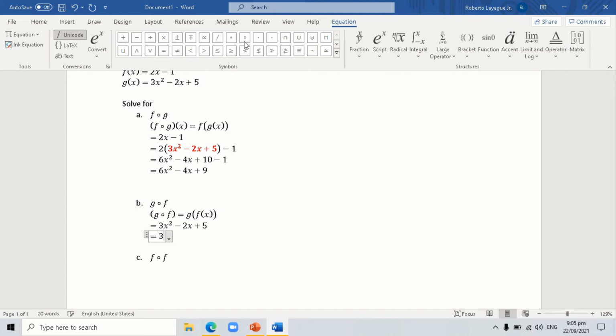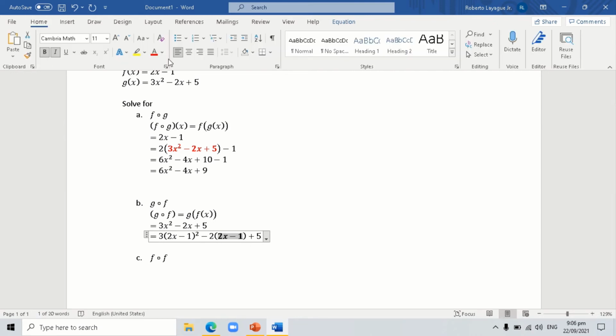So you have 3 times 2x minus 1, squared, and then minus 2 times 2x minus 1, plus 5. I'm going to make it bold using the color red so that you can see it.